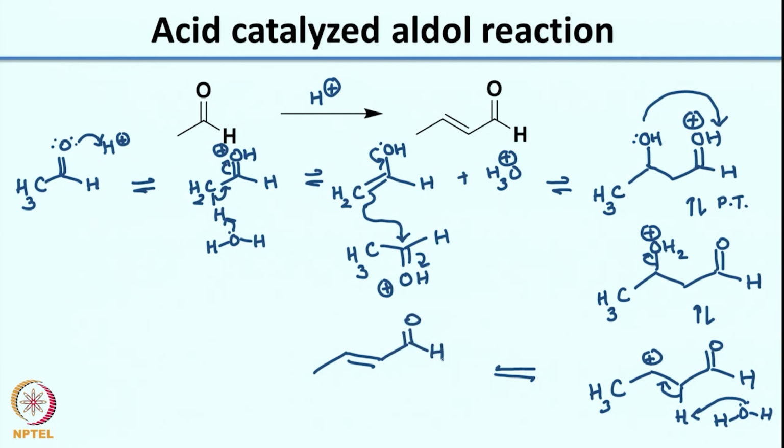So again what you see is as you change the reaction medium, there is a change in the mechanism, alright. And again I would like to emphasize this multiple times that when you have an acidic medium, do not try to use OH minus because it will not exist in the medium. Similarly, if you have a basic medium, do not try to write H plus when you write the reaction mechanism.